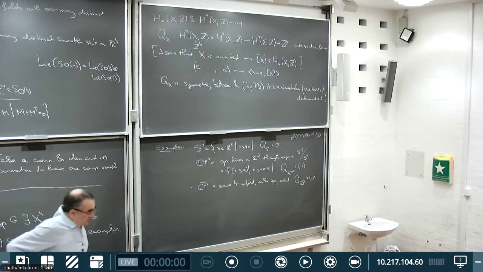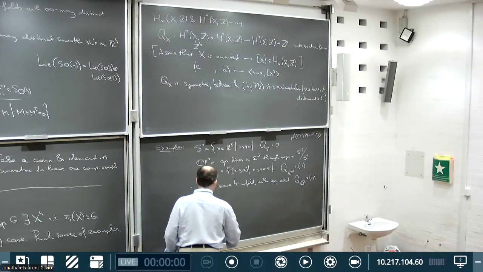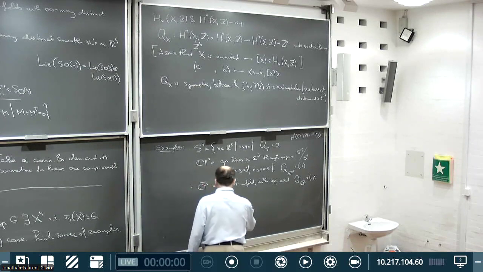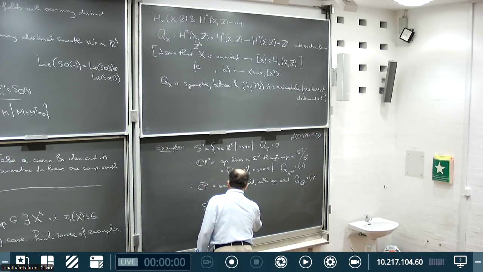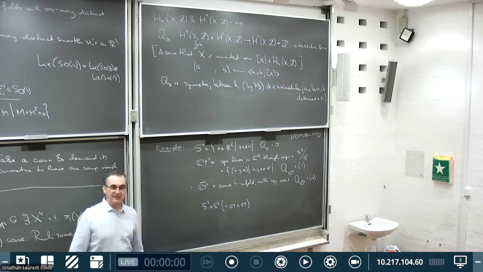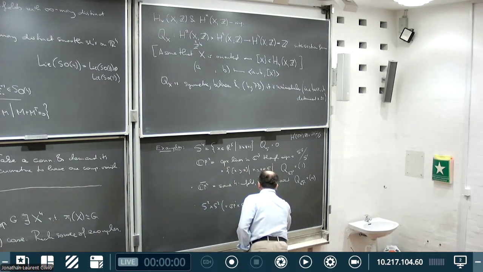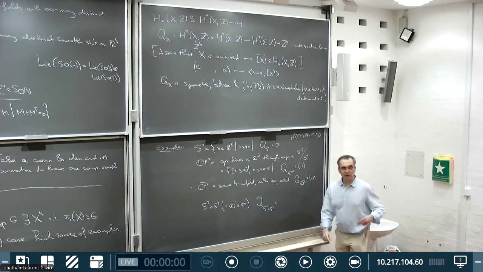S2 cross S2, or for the more complex oriented audience, CP1 cross CP1. This is again a nice simply connected four-manifold, and the intersection form can be computed. So the second cohomology will be of rank 2.